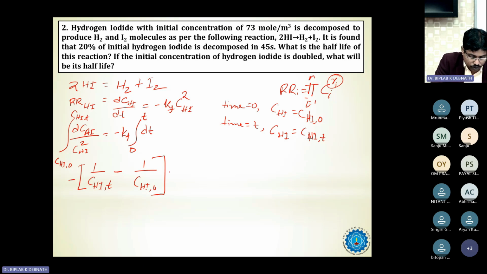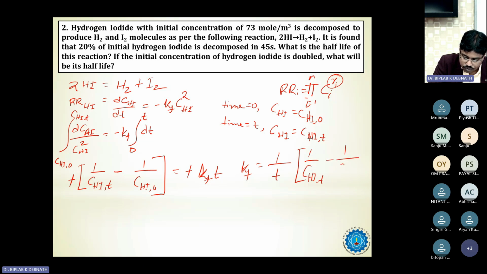Okay. This should be equal to minus of KFT. Minus minus cancels out. Okay. So KF is equal to 1 by T within bracket 1 by CHI t minus of CHI naught.